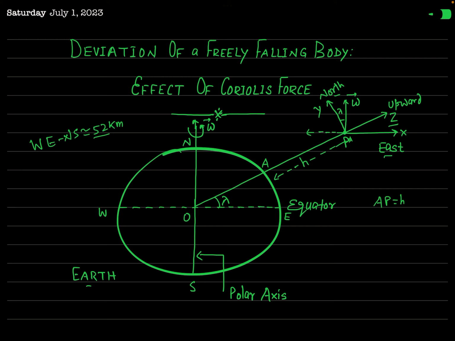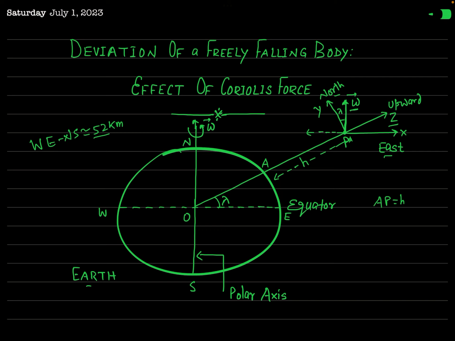As the earth rotates with angular velocity omega from west to east, this angular velocity is directed along the polar axis. The line which I have marked in this figure is parallel to the polar axis, so the angular velocity omega is along this line.